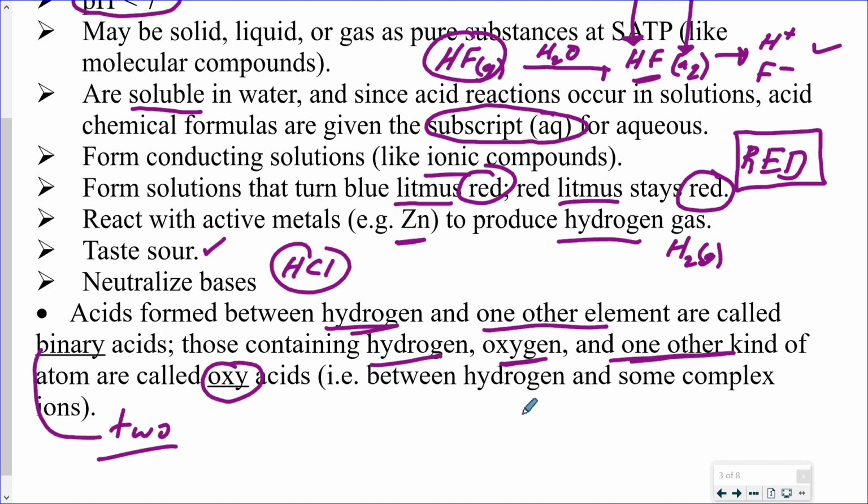And these you will find on the table of polyatomic ions or complex ions. So an example of that, and one that we will come across, is PO4 3-. This is a polyatomic or complex anion. This one here can combine with hydrogen and it will form one of these so-called oxyacids.